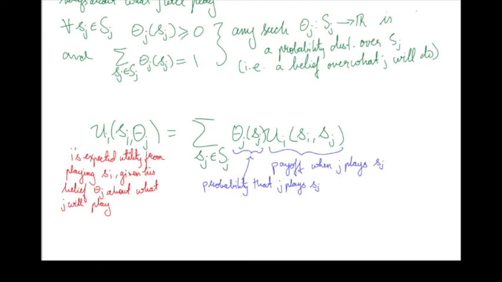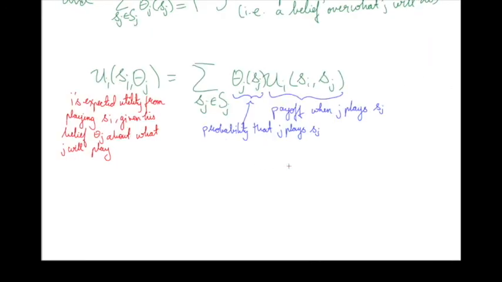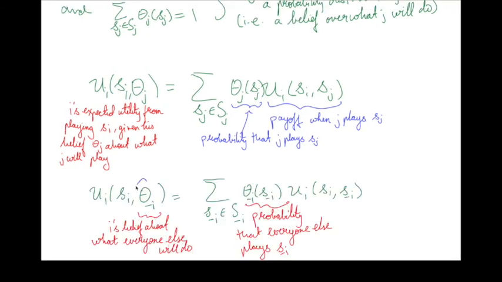So how would this change if there were more than two players? If I was facing more than one opponent, then instead of just his belief over what J is going to do, it would be his belief over what everybody else would do, and his expected utility would not just be over what J does, but rather what everybody else would do.